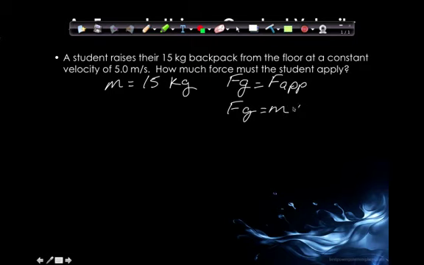So force of gravity is equal to mass times acceleration. We know the acceleration in this case is going to be 9.8 meters per second squared. So force of gravity is equal to 15 times 9.8.